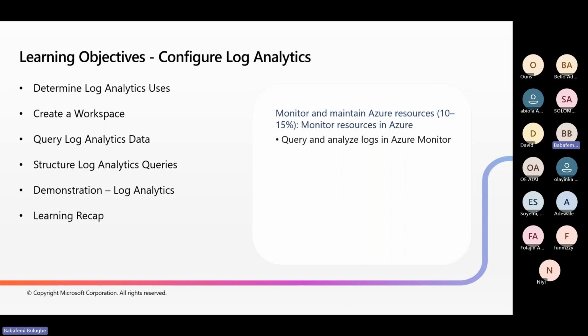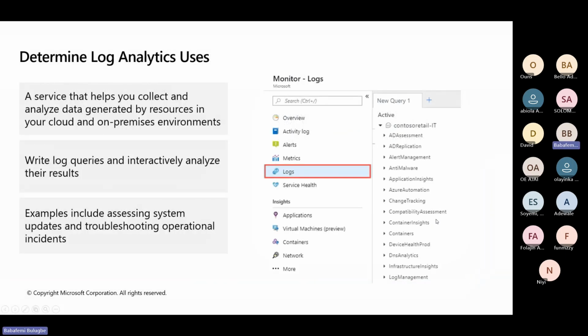But we always want to query it, so we use the log analytics workspace instead, though this will incur more cost than using a storage account. So why do we use a log analytics workspace, when should we use it, and how do we query the data within it? That's what this learning objective is all about.